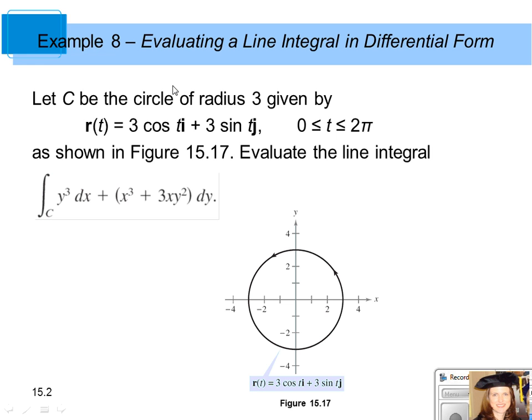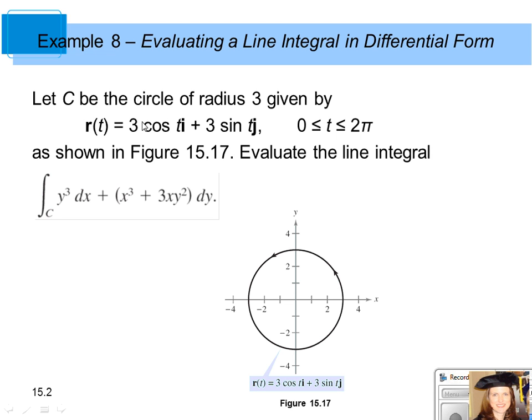In this example, we want to evaluate the line integral in differential form, where C, the path, is given by the circle with a radius of 3. Using the conversion equations, x squared plus y squared equals 9 is the equation of the circle. Dividing by 9, you get x squared over 9 plus y squared over 9 equals 1.